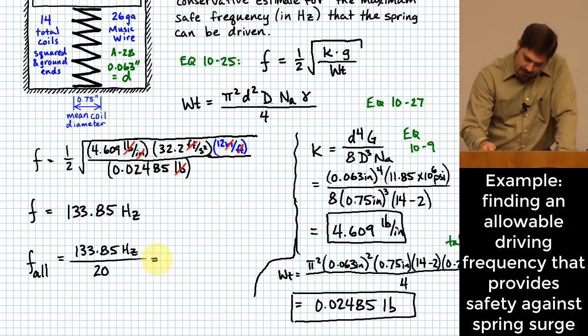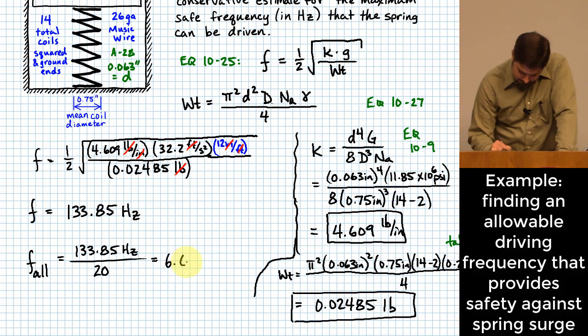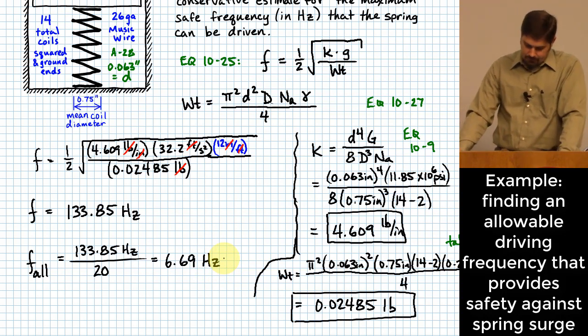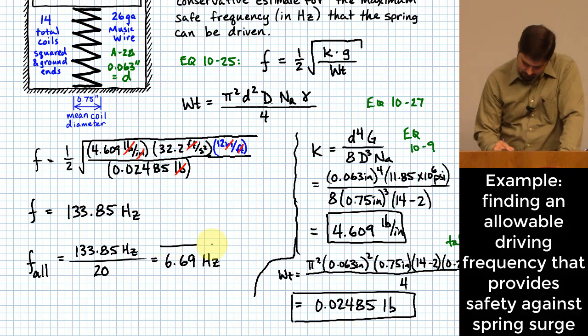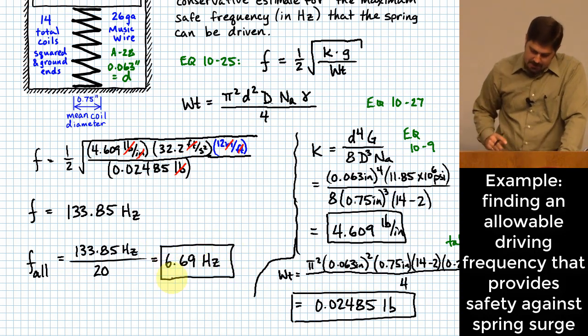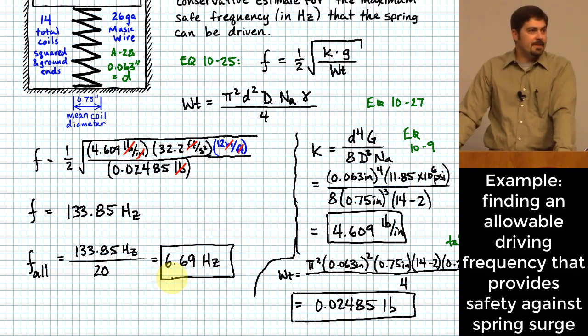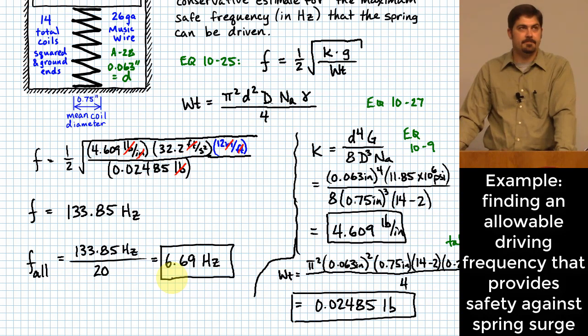That ends up giving you 6.69 hertz. Basically we're saying that by driving it a good bit slower than that first fundamental frequency, it's unlikely that we are going to induce any kind of destructive resonance into the spring.